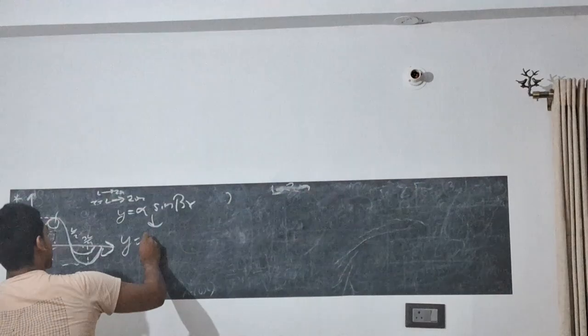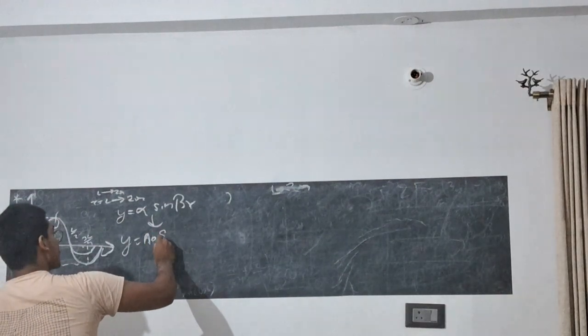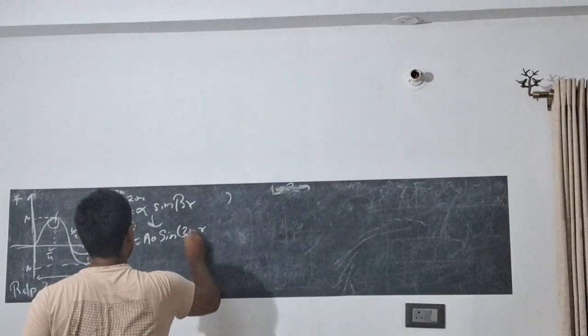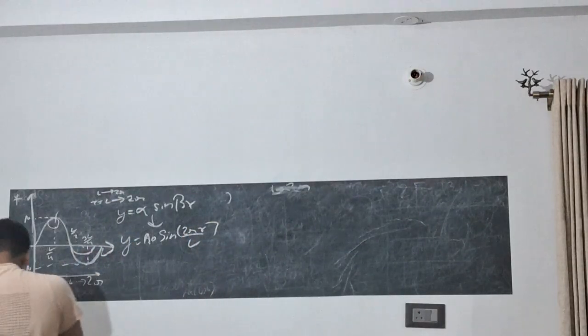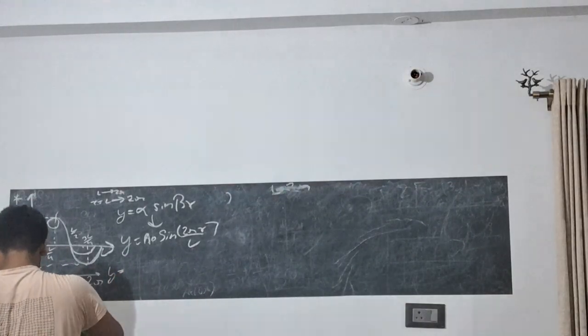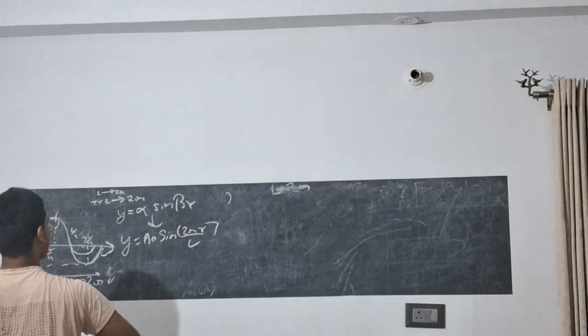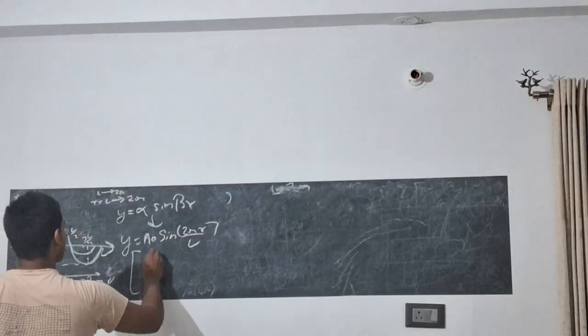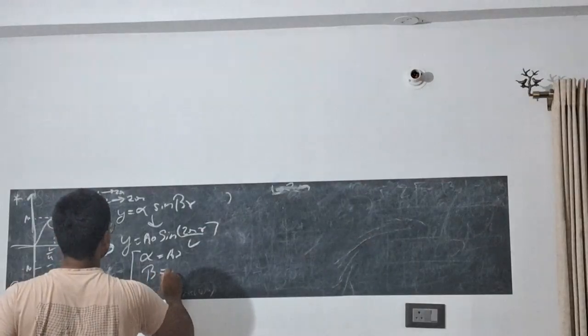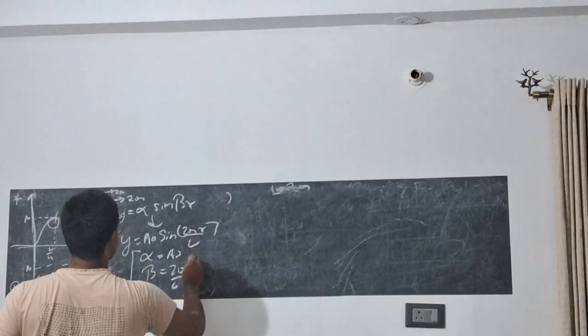Y is equal to a naught sin 2 pi r upon L. Y is equals to, alpha is equals to a naught, beta is equals to 2 pi by L.